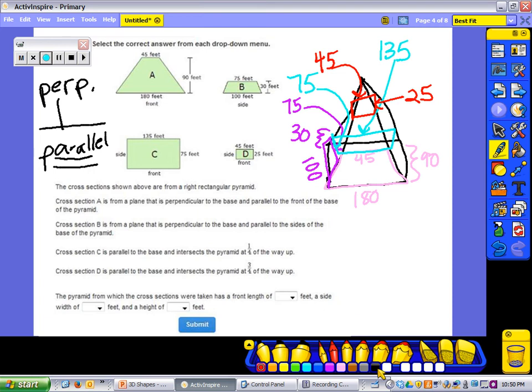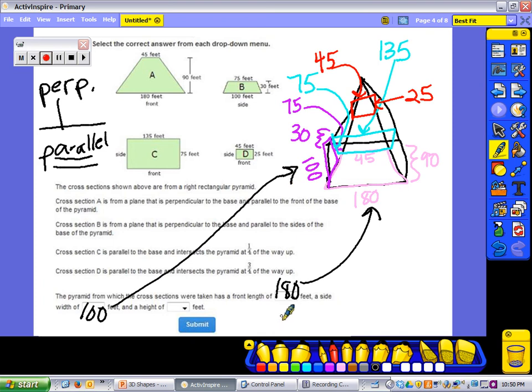Okay, so now we can go ahead and write in the dimensions. At the bottom it says the pyramid from which the cross sections were taken has a front length of 180, and you can see that there. It has a side width of 100. You can see the side width right here. And a height.